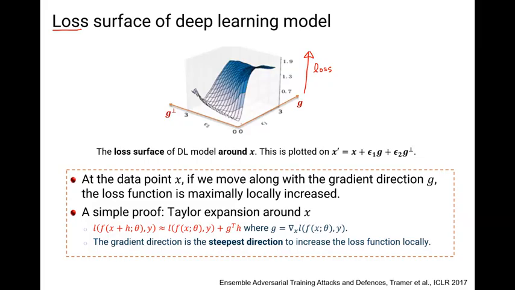If you move along the gradient, it will always get you the steepest change, so you will climb up this loss mountain. These directions basically tell you where the steepest change in your loss value is. Okay, so this is the meaning.